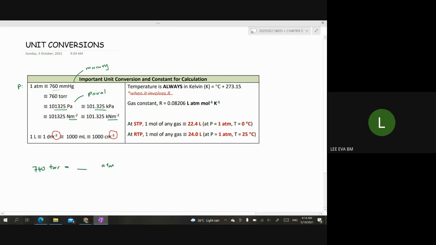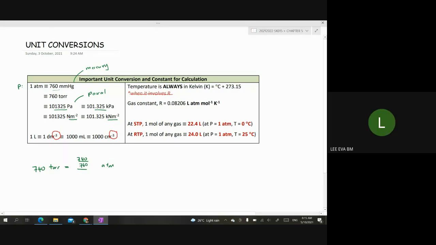Anyone have an idea? 740 divided by 760 torr per atm. Okay, 740 divided by 760 torr per atm.